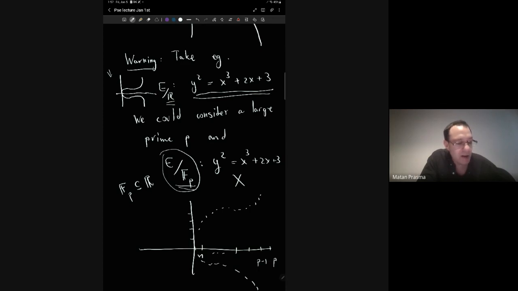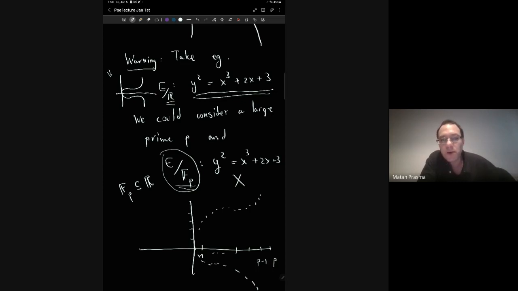And what people do in algebraic geometry, for example, if you take a polynomial in 3 variables and you look at the solution set, then you have 2 degrees of freedom. I mean, right? If you have a polynomial in 2 variables and 1 equation, then you have 1 degree of freedom.